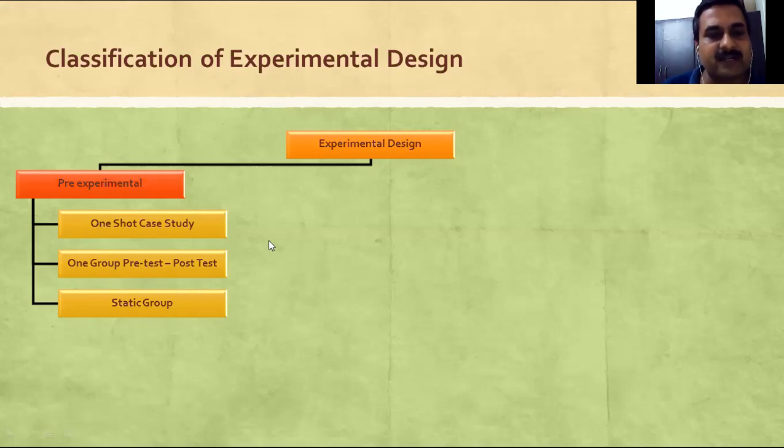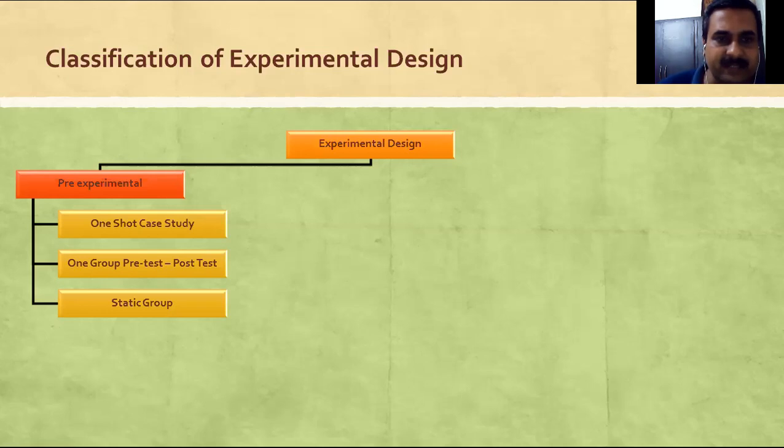These are the different types of pre-experimental. The most important thing is that it is very loosely structured, and in all these three types, no random selection is made. So in most of these types, chances are that whatever results are coming would be biased, and many internal validity implications would be there.